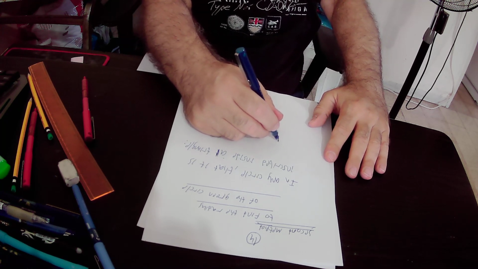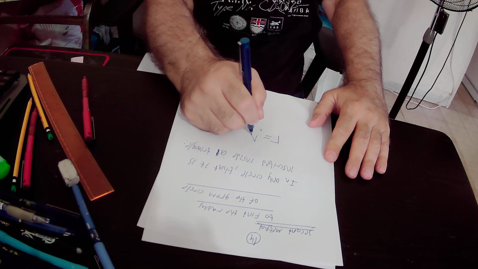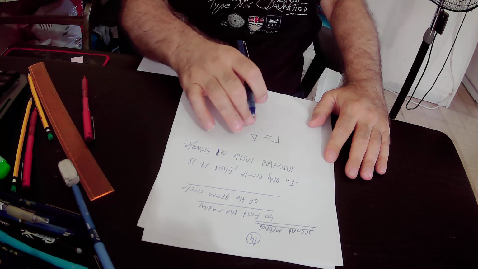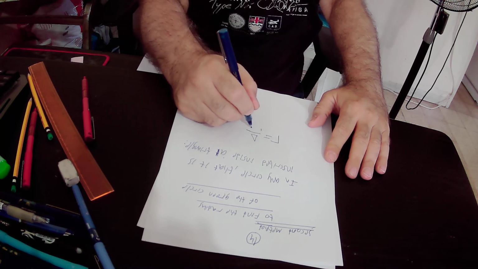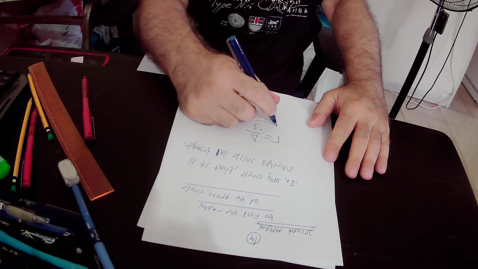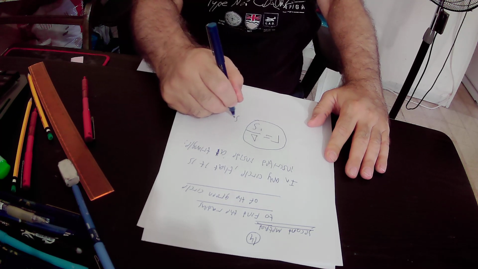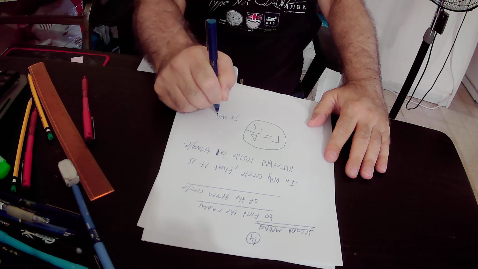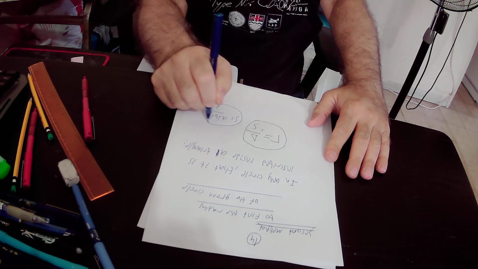The radius of that circle will be equal to the area of the triangle that contains that circle over the semi-perimeter of the triangle that contains the circle. And we know that the semi-perimeter equals the perimeter of the triangle over 2. Okay?